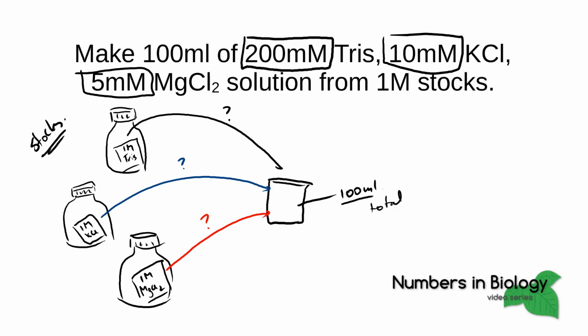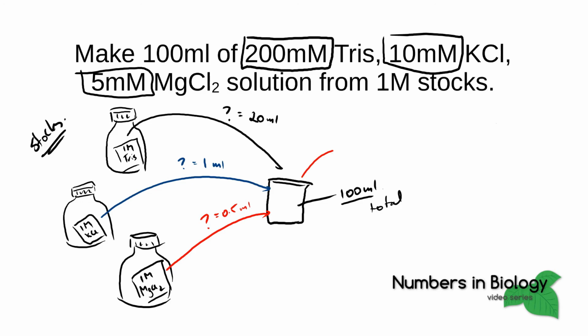So now we know that our amount of tris that we're going to use is going to be 20 milliliters. The amount of potassium chloride that we're going to be using will be equal to 1 milliliter. And the amount of magnesium chloride we'll be using is 1/2 of a milliliter.